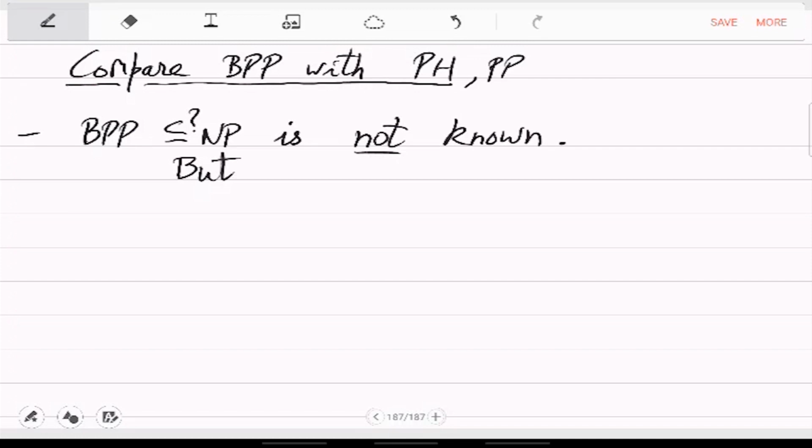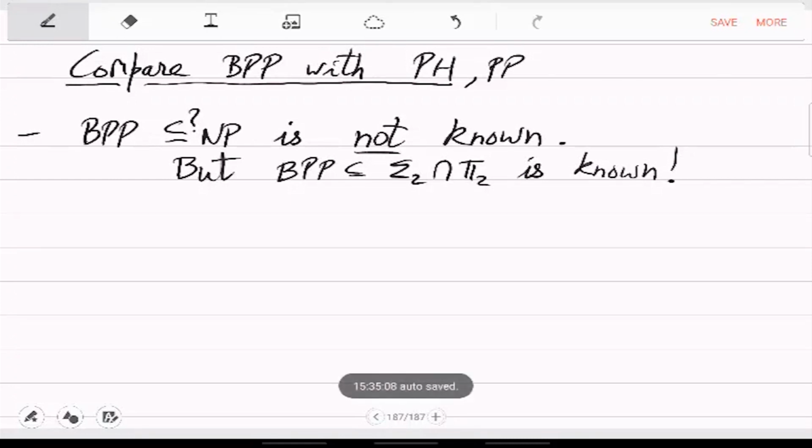But we will show that BPP is actually contained in sigma 2 intersection pi 2. So in particular, BPP is contained in PH quite well. It is already contained in the second level, and in fact the intersection. It's NP to the NP intersection co of that. And so it is much easier than PP, sharp P and those complexity classes.